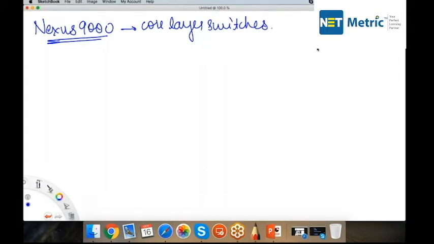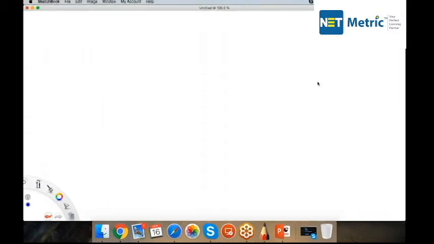That is where your core layer as well as distribution layer switches, the functionality is combined into one. This particular switch can be called the aggregation layer switch, or it can also be called spine. And apart from that, of course, there is also the access layer switch, and this is called leaf. So spine and leaf architecture is what ACI uses, right?